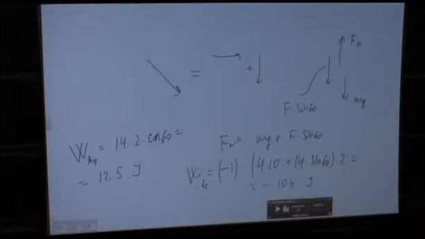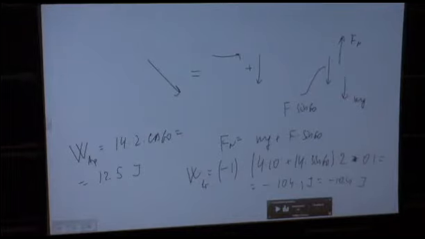The difference is, what do we do about that? Perfect. So now we can immediately calculate: times 0.1, the coefficient times 0.1, -10.4 joules.